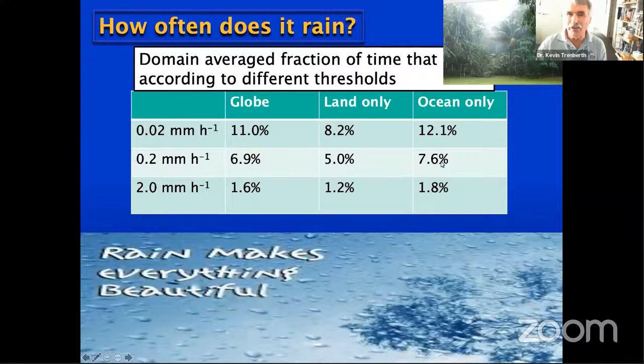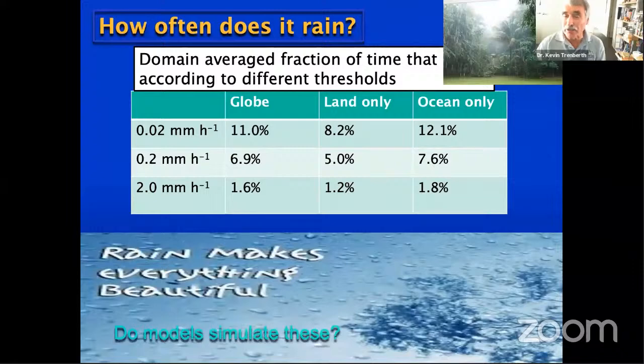And for the moderate rains, it's about 5%. And so this means that when it rains, it's raining much harder than when the evaporation occurs because that's a continuous process. And a key point about this is whether models simulate these numbers, and most models have trouble getting these numbers right.